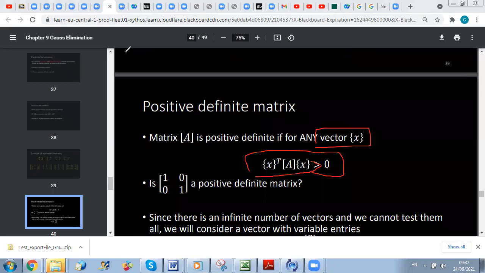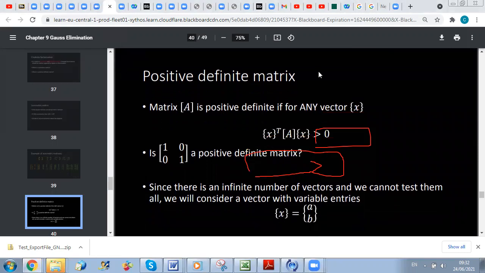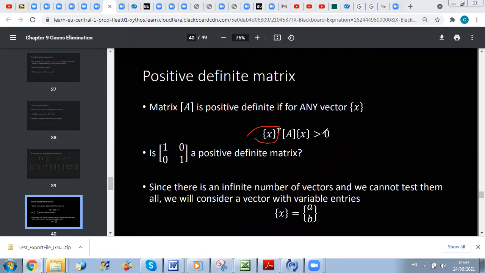It's very simple. We will take some examples. For example, here we want to demonstrate if this matrix 1, 0, 0, 1 is a positive definite matrix. Since the condition is for any vector x, we will set any vector x with elements a and b. Why did we use only 2 elements here? Because your matrix A has 2 rows and 2 columns.